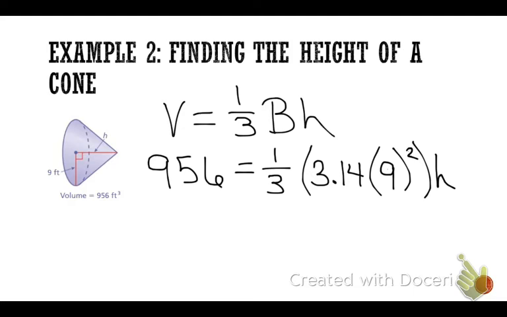Do the multiplication. I want you to simplify everything here that's connected to the h. You want to follow order of operations here. Do your exponents first, then multiply, then divide.